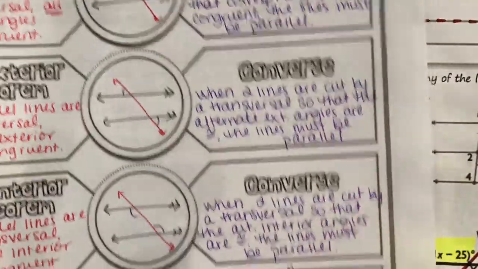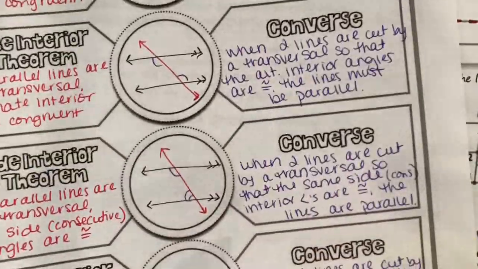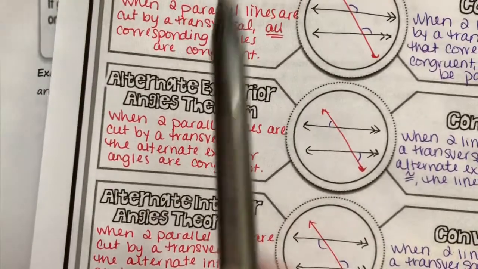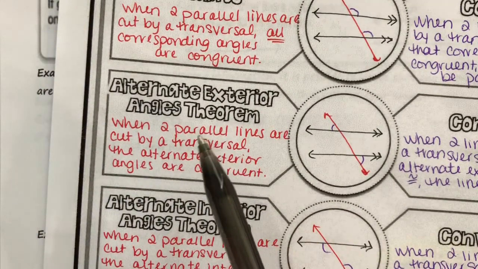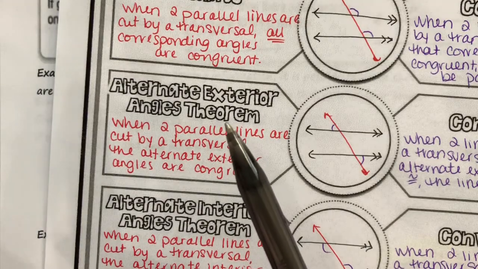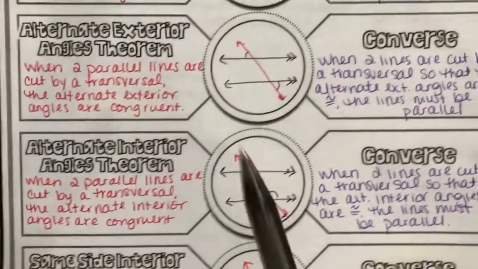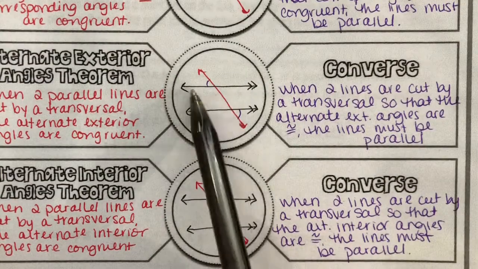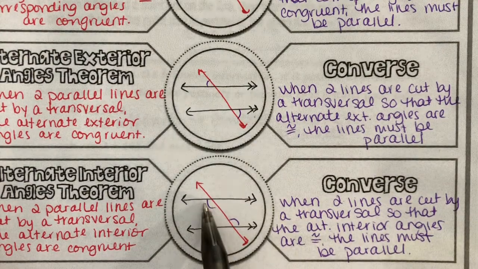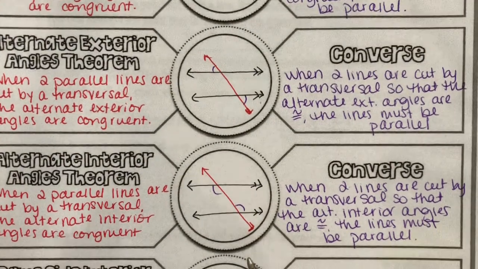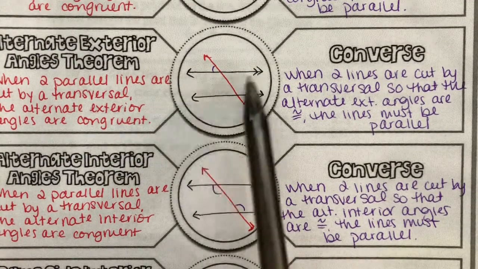So the converses are what we're using for everything today. They're just like the others, whatever the relationship says: alternate exterior angles, alternate interior angles, they're all congruent when lines are parallel. So if you're looking at a picture and you don't know if the lines are parallel, but the alternate exterior or alternate interior angles are congruent, that tells you the lines must be parallel.